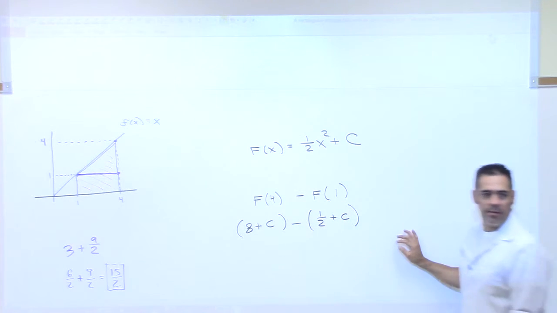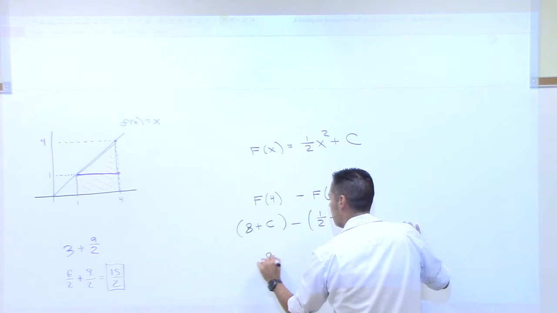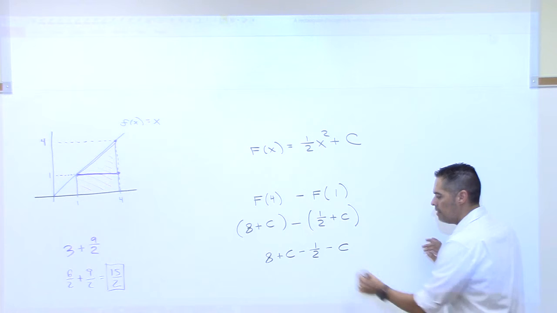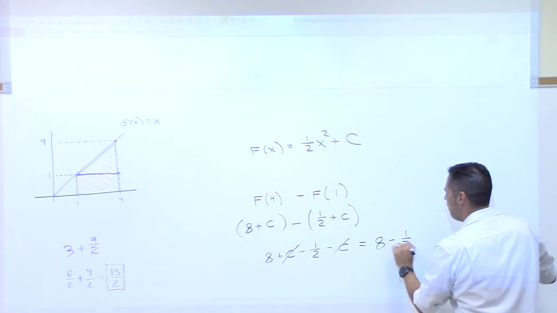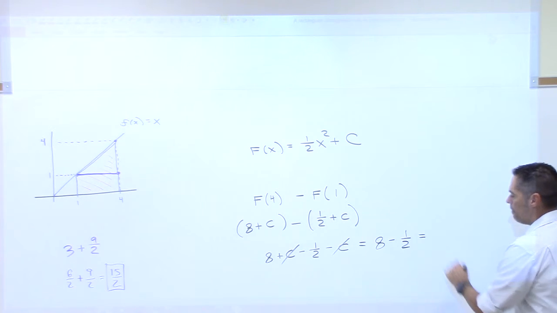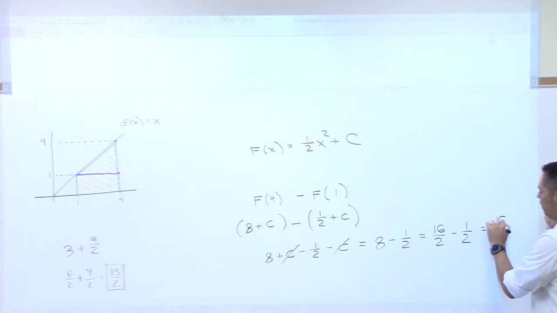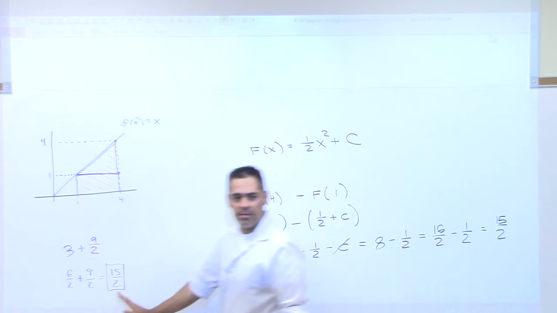And now let's go ahead and subtract these. So what do you get here? 8 plus c minus 1/2 minus c, right? The c's cancel. And what's 8 minus 1/2? That's 16/2 minus 1/2, which is 15/2, which is not a coincidence.